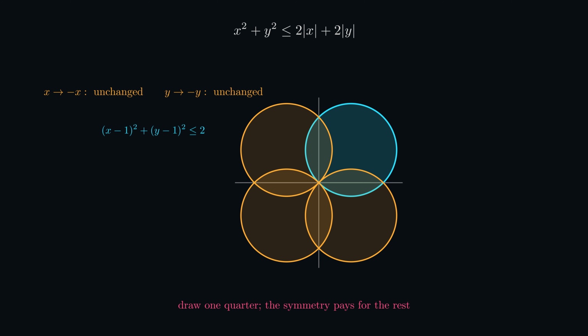Same for the x-axis. So we only need the quarter where x and y are both non-negative. There the absolute values disappear and completing the square gives a disk. Center (1, 1), radius root 2. 1/4 is a disk. Fold it across both axes, and the whole figure blooms into a 4-petal flower. We drew 1/4 and got the rest for free.